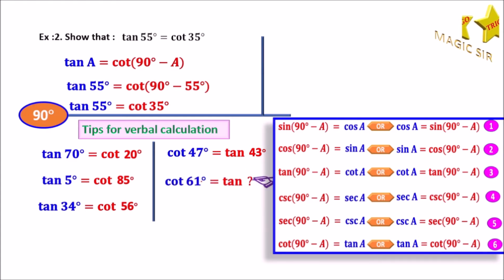Cot 61 degrees is equal to tan of 90 degrees minus 61 degrees, which is tan 29 degrees. Cot 12 degrees is equal to tan of 90 degrees minus 12 degrees, which is tan 78 degrees.